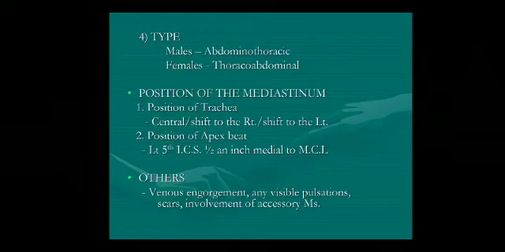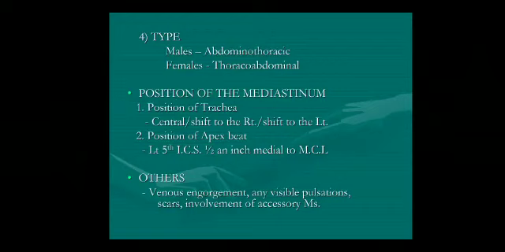For example, if there is a pleural effusion on the right side, what will happen? It pushes the mediastinum to the opposite side. So when there is a mediastinal shift, the apex beat may be still more lateral. You won't feel the apex beat in the normal position, it will be still more lateral.